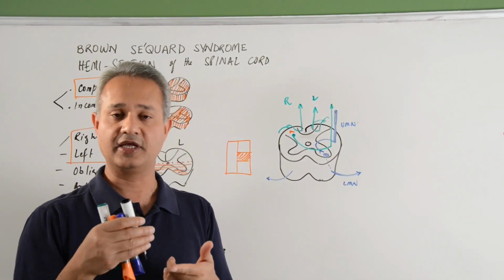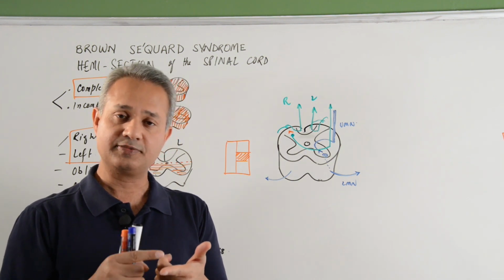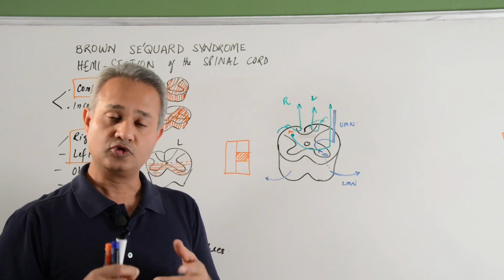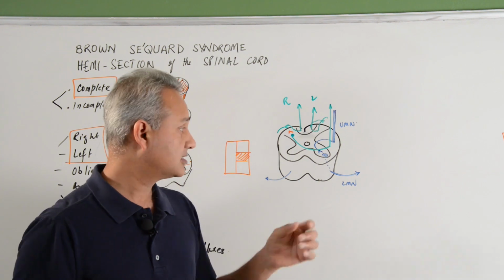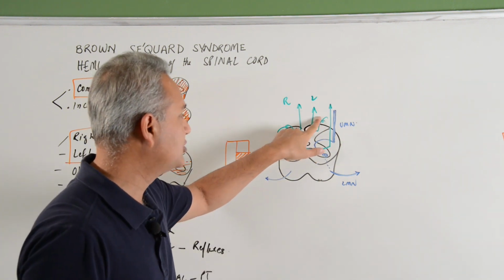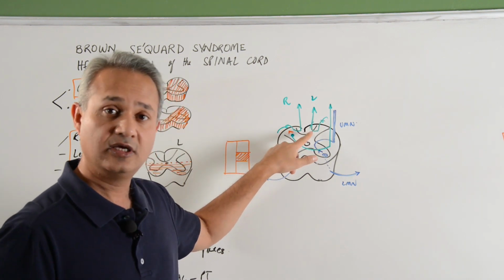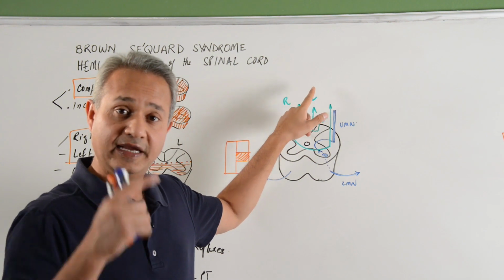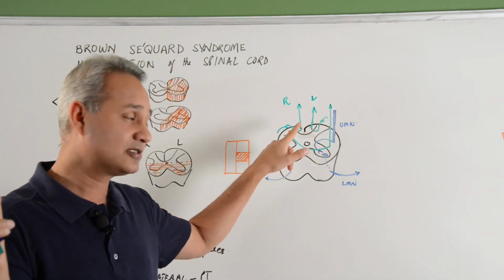Proprioception, vibration, fine touch, pressure, 2-point discrimination, stereognosis, sexual sensation. That is passed through the dorsal column. So that goes up ipsilaterally, it decussates up in the brainstem. We have done a separate lecture about the dorsal column.